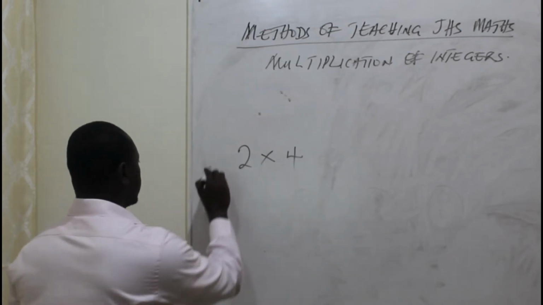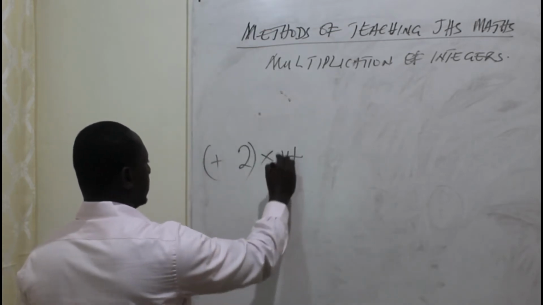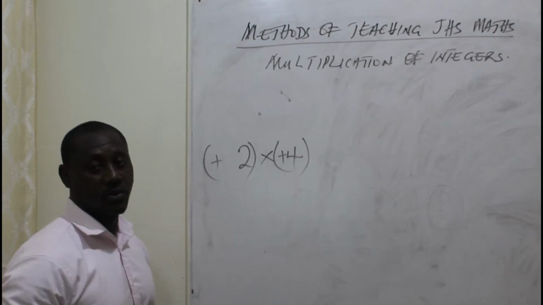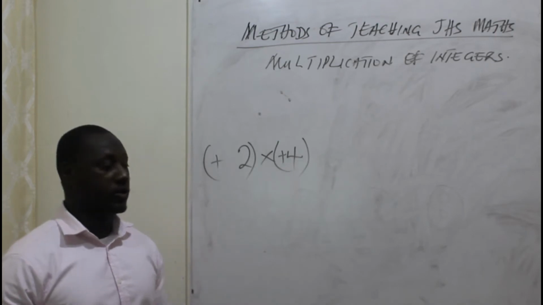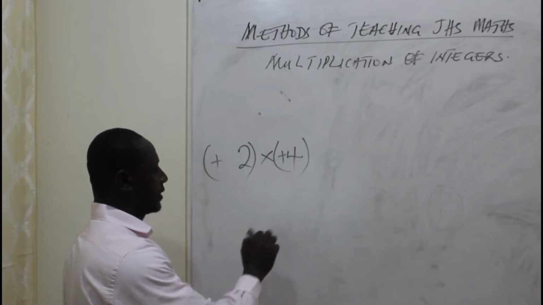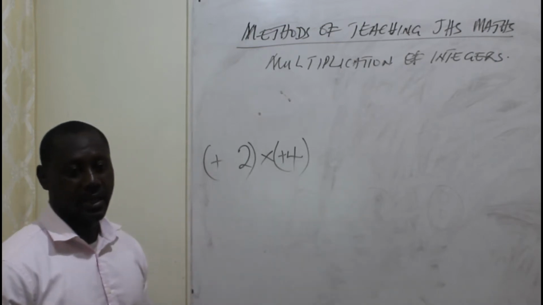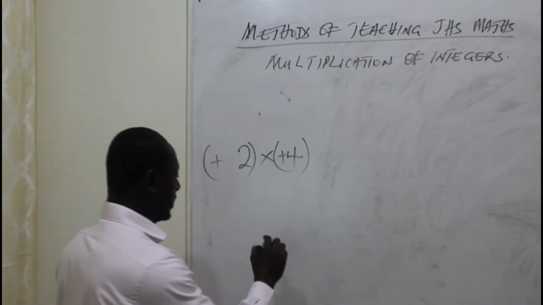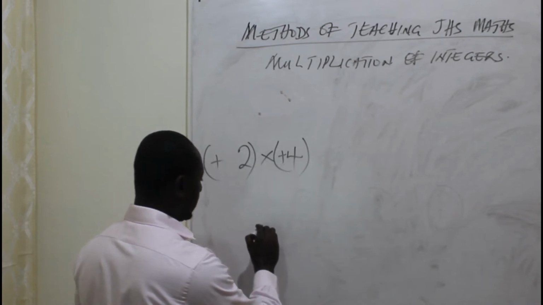If I have positive 2 times positive 4, how are we going to do that? I want to use the number line to model this expression on the board. Let's look at how it is going to be done.